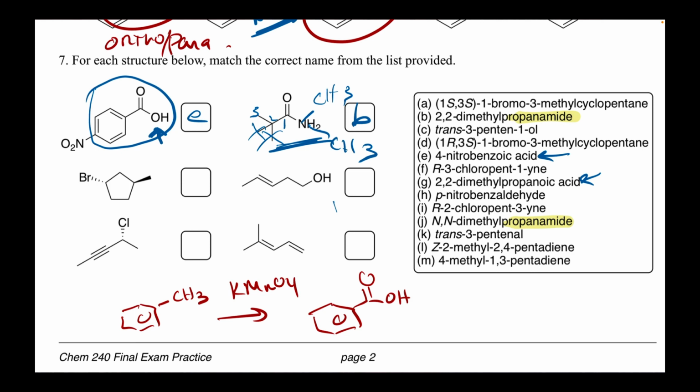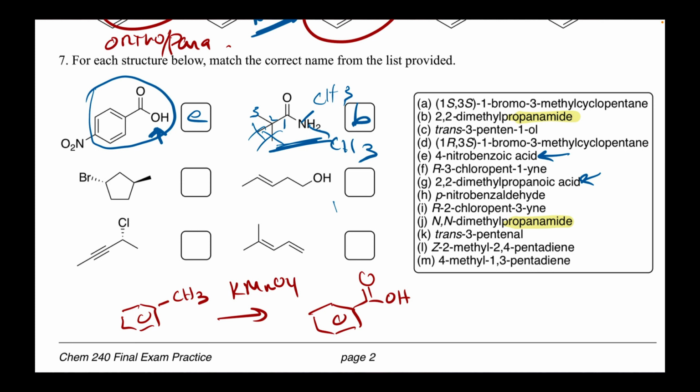Cyclopentane, right? So this would be 1,3 substituted. This is a bromine and a methyl group. And that would be, let's see what's up there. There's A and D. And it's just the difference in those two, 1-bromo-3-methylcyclopentane.